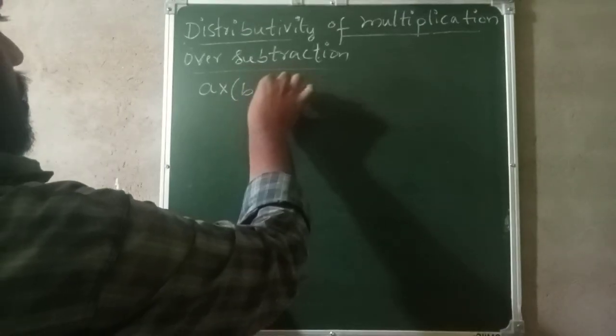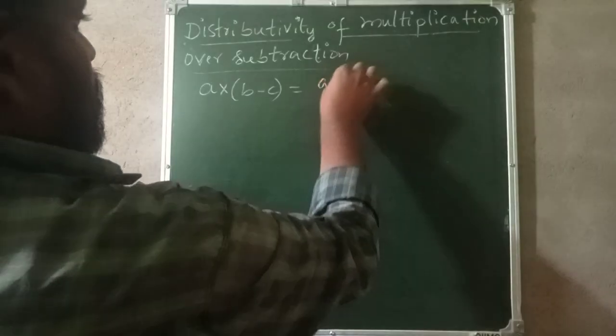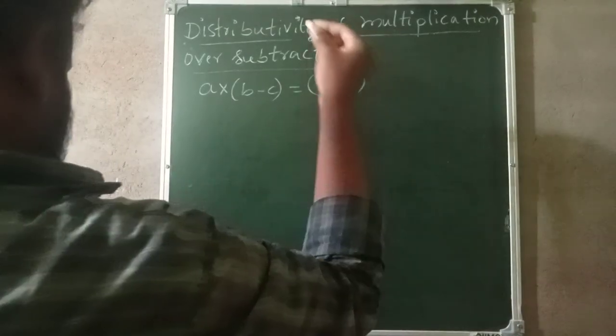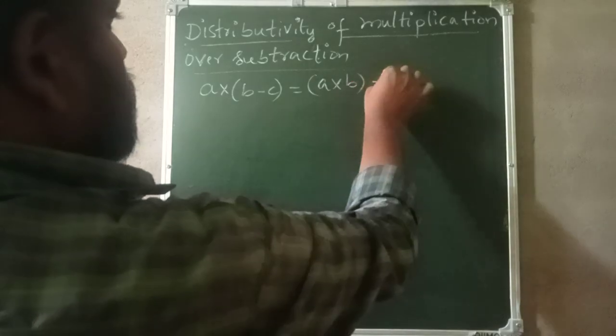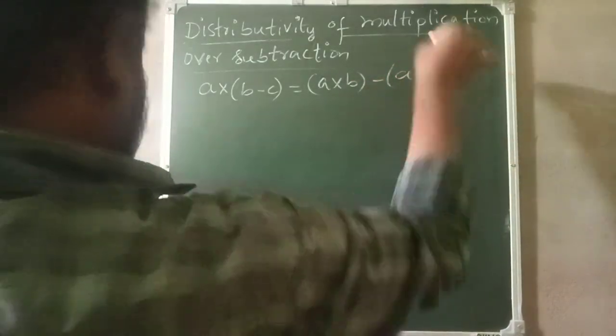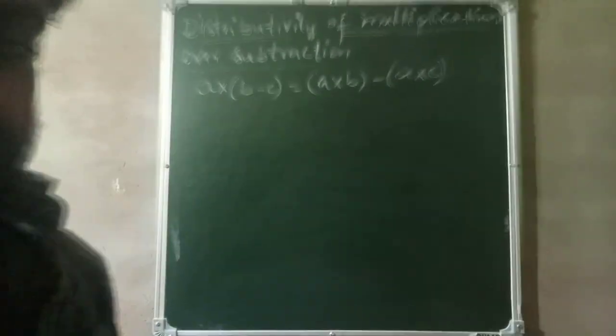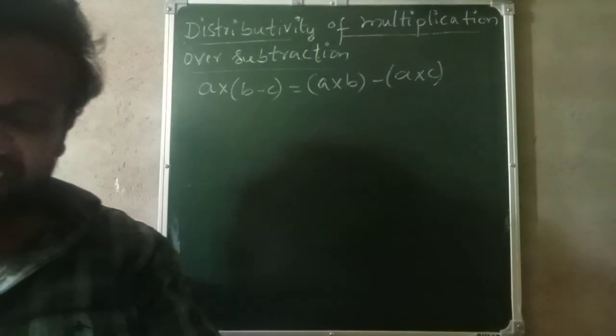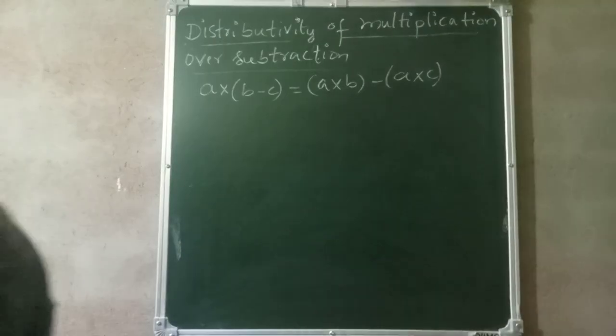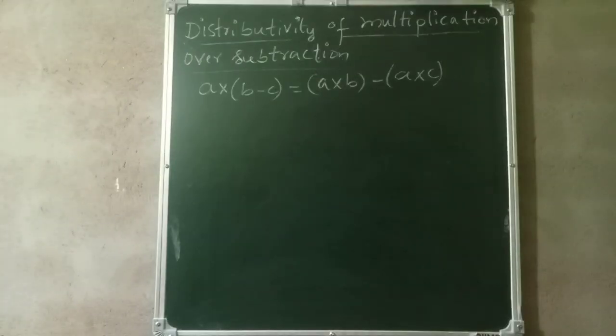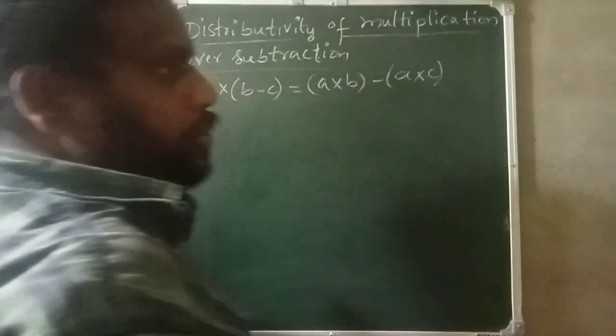See, A into B minus C is equal to A into B, okay, minus A into C. So this is called distributivity of multiplication over subtraction.